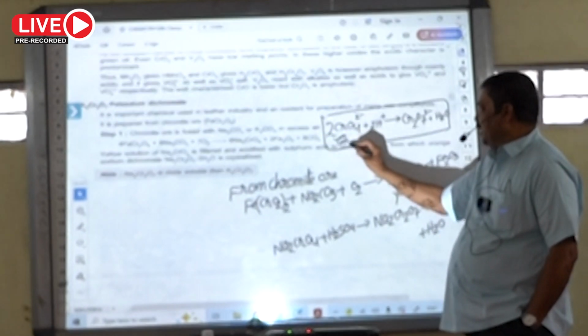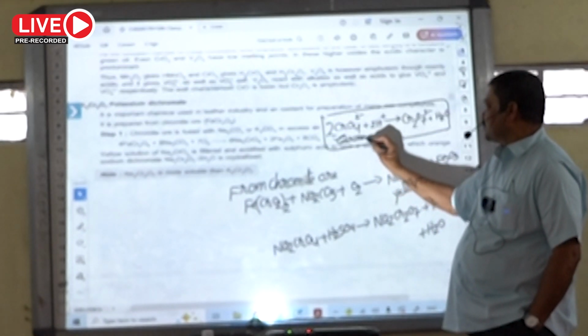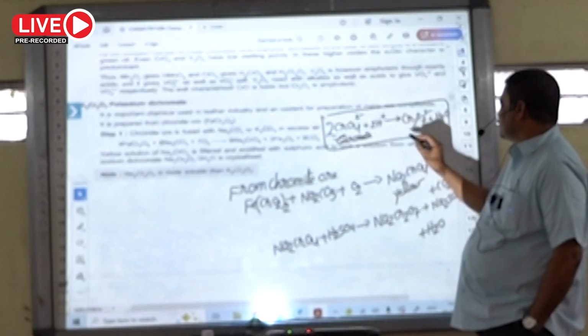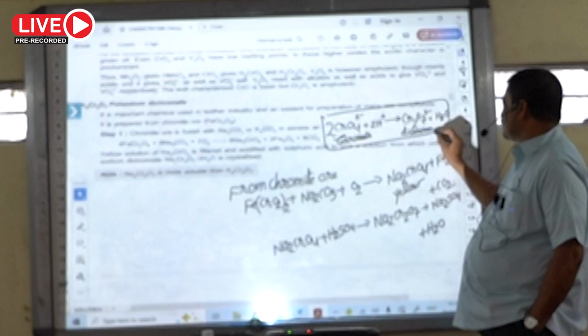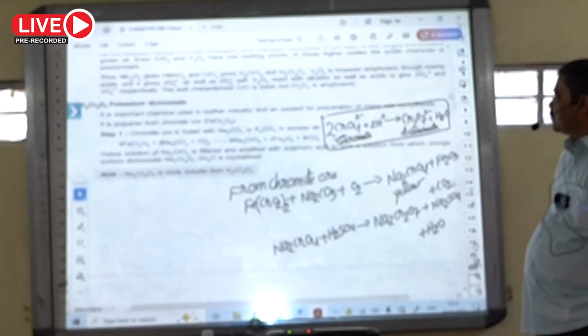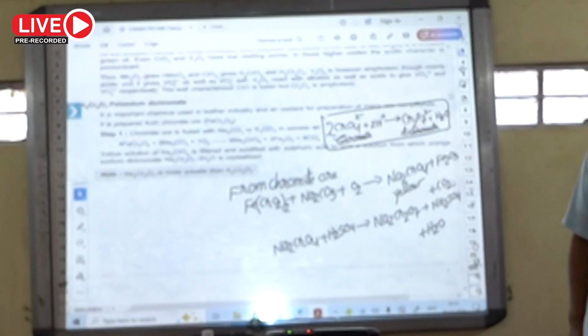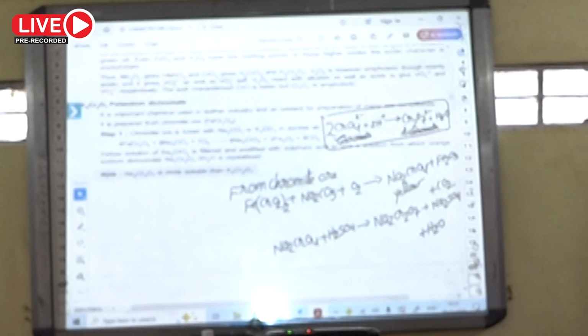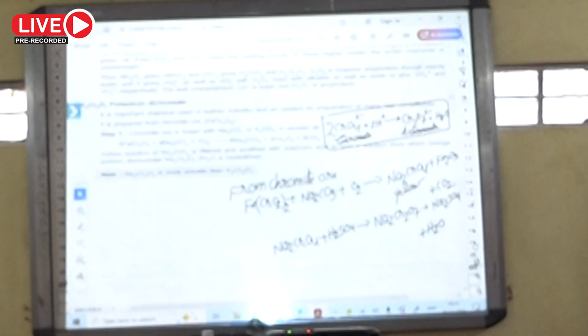Chromate to dichromate. This is dichromate. Chromate is yellow color. Dichromate is orange color. Due to what? Charge transfer, we already discussed.